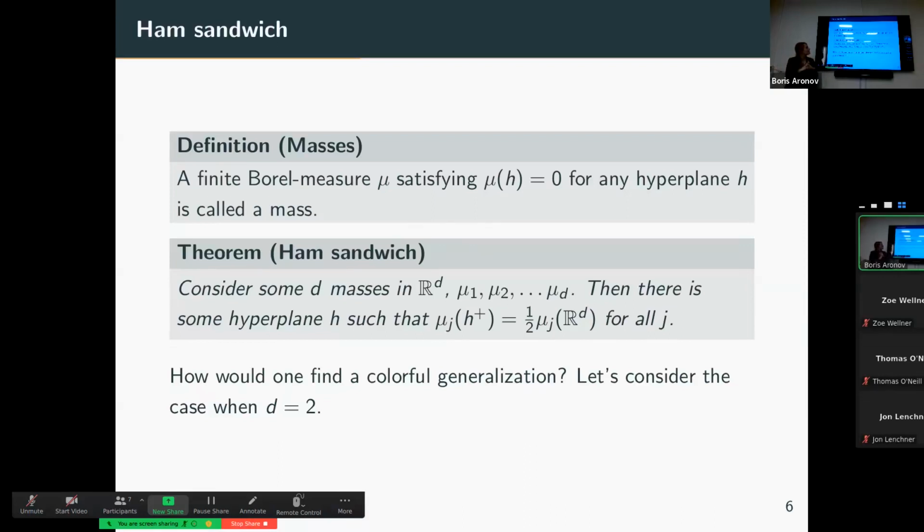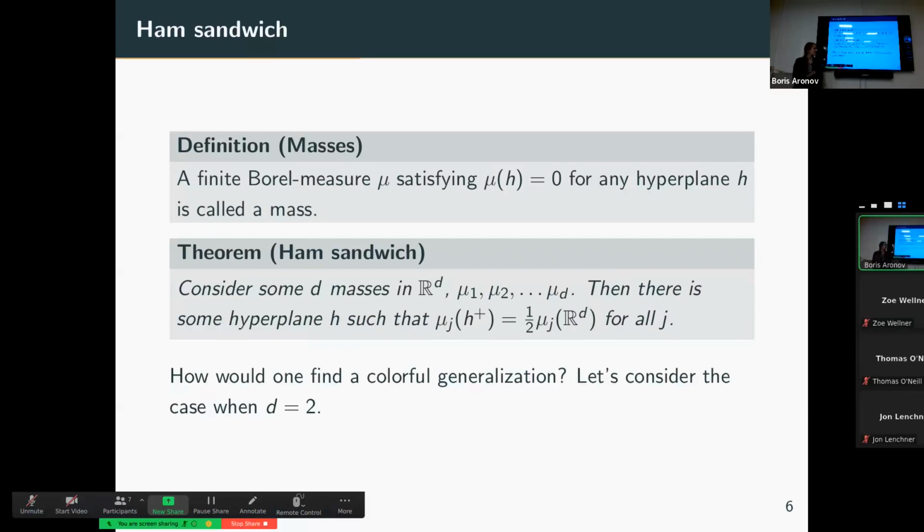And what we're going to be using is a set of finite Borel measures where any hyperplane has measure 0 according to these measures. And that is what we'll call a mass. Then the ham sandwich theorem says that any D masses in R^D have some hyperplane that perfectly bisects them.